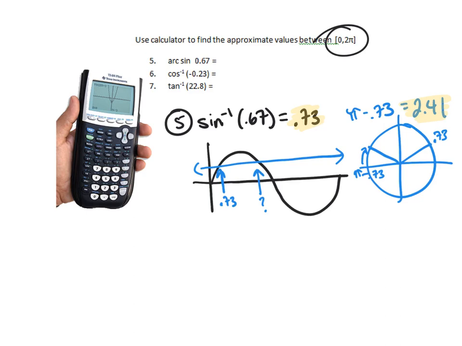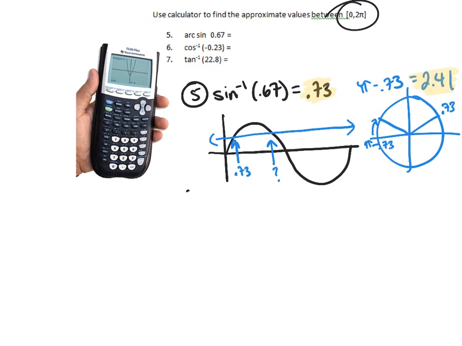Let's try another one. Number 6 is inverse cosine of -0.23, so below the x-axis. So we're going to do inverse cosine of -0.23, and we get an answer of 1.80.